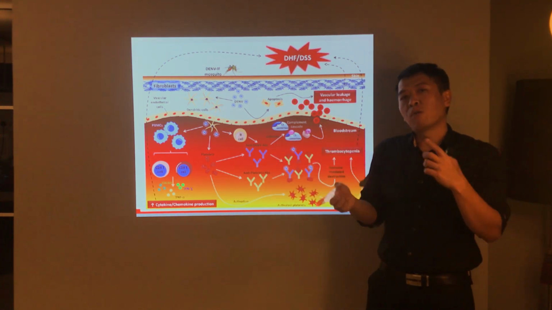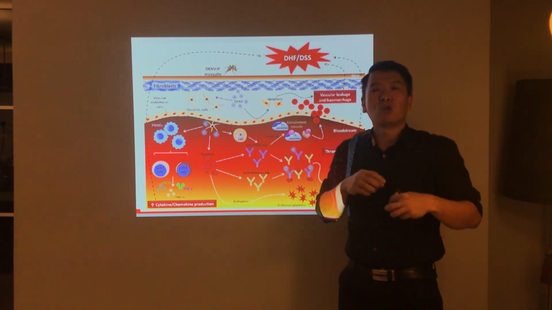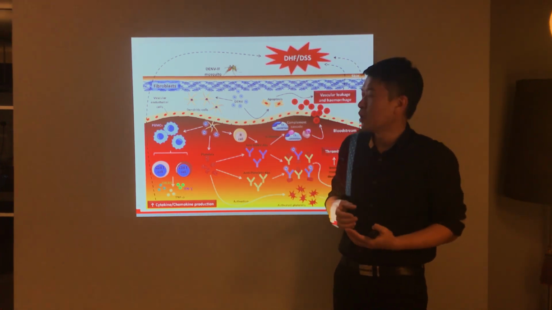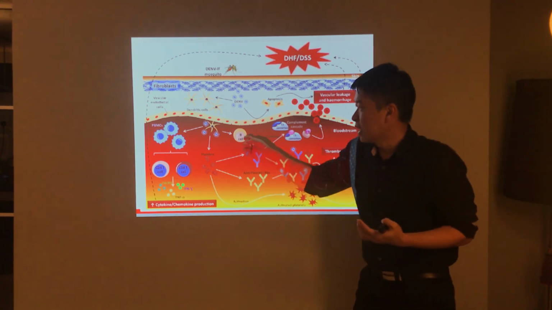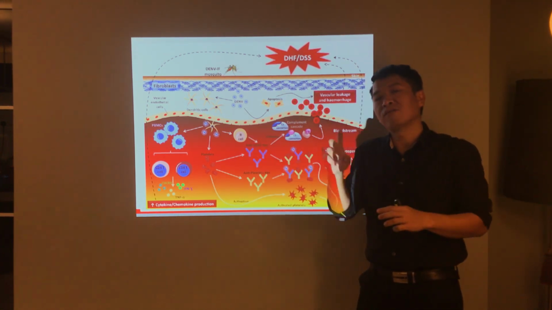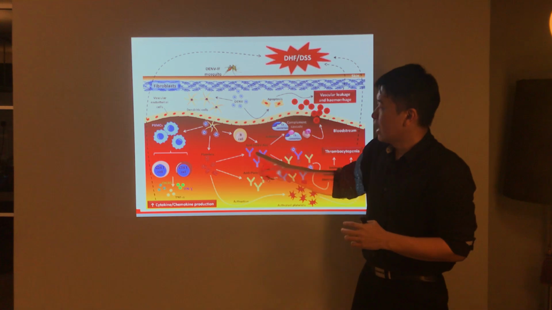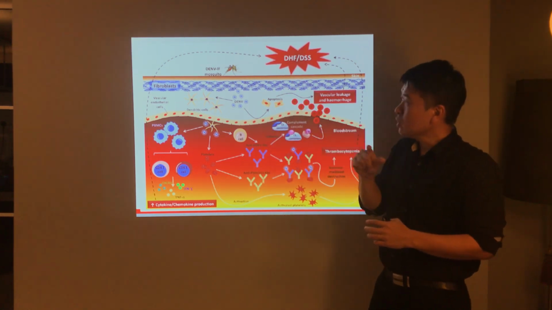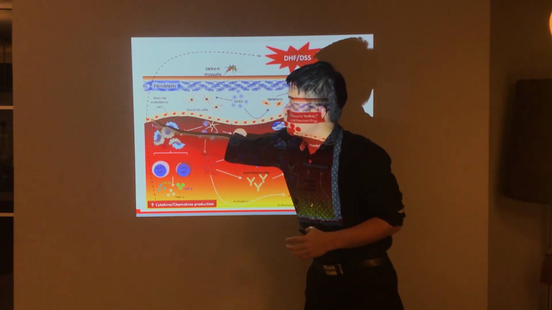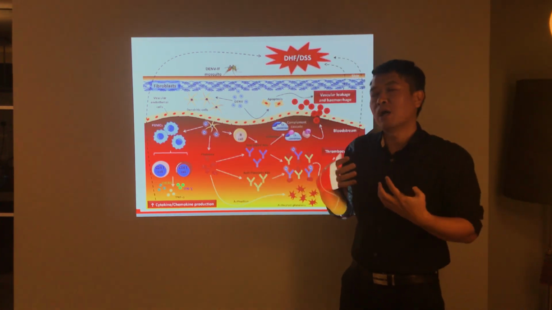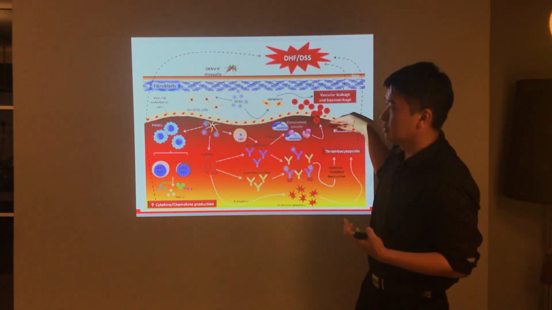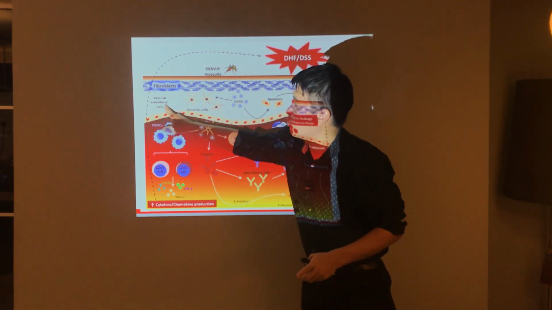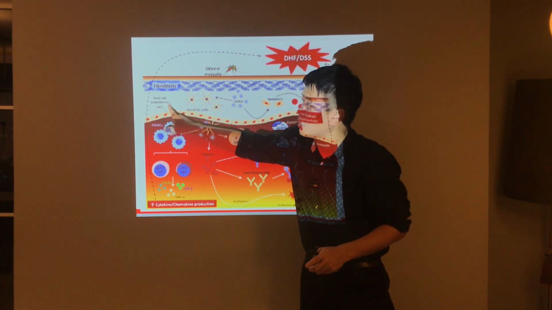Alright, so back to the statement that when you have dengue fever, you might have rashes all over the body. What happens is that there is a cross-reactivity of the antibody that is produced, and this antibody starts to attack the endothelial cells. We know that our blood vessel is lined by a single layer of vascular endothelial cells.